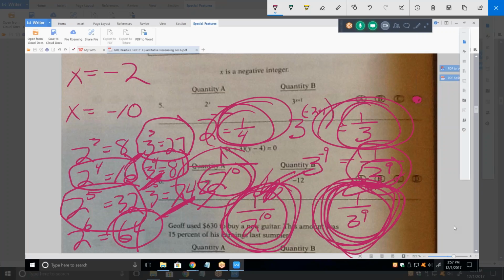So in one case, I got B bigger. In the other case, I got A bigger. That's easy. We're done. And I didn't have to worry about using anything but negative integers. I didn't really need to use something as big as x to the minus 10th.